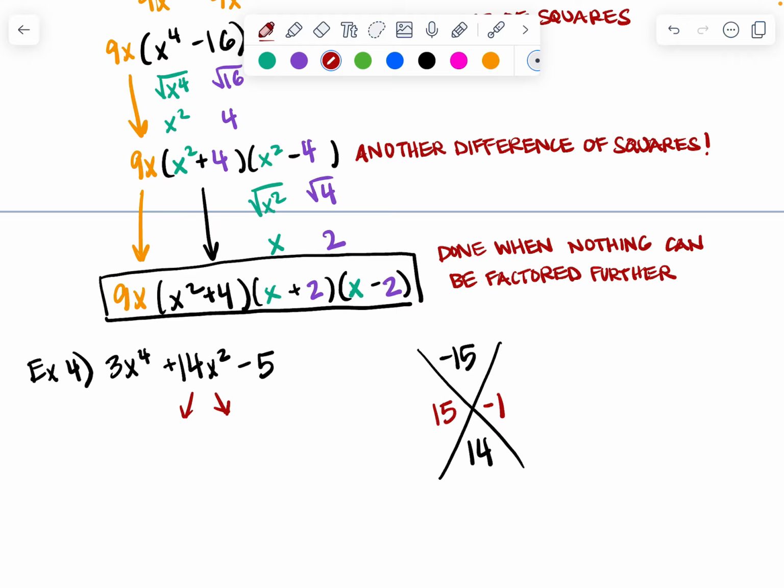So whatever the middle term is what you're using. So we have 15x squared minus 1x squared.